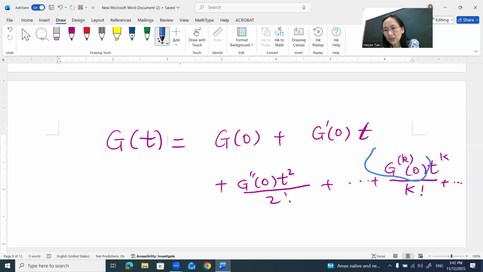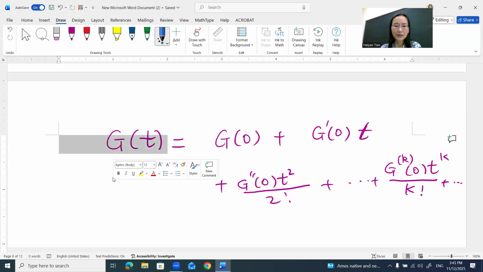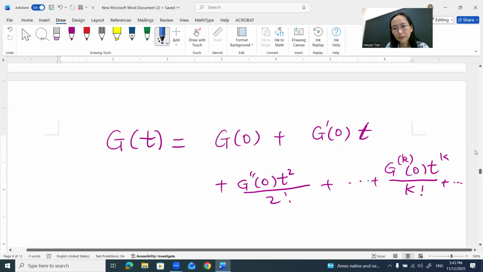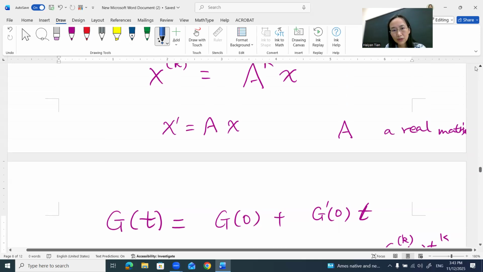The kth order derivative of G. So these are matrices, and each term is some multiple times that matrix. So the sum is still a matrix, the matrix in series form. So let's think of the fundamental matrix derivative.